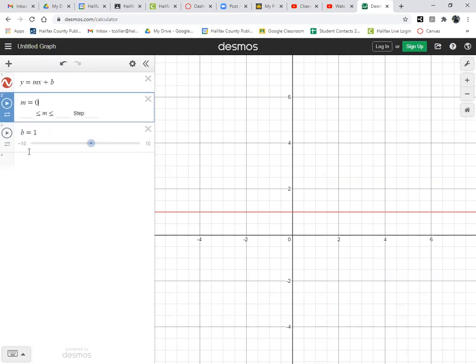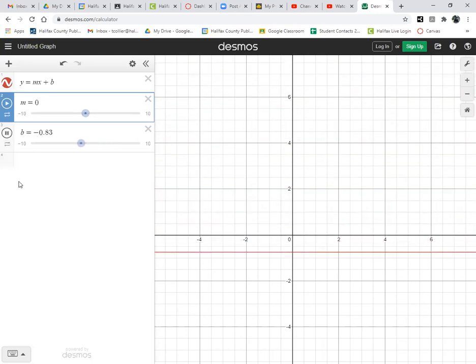And now I'm going to hit the play button on the b. What that's going to do is change the y-intercept. So all that's going to do is change where the line crosses the y-axis. So I'm going to hit the play button on this, and notice what happens. The line goes up to 10, and then it goes down to -10. But it does come back. All right, I'm going to see if I can stop it at 0.